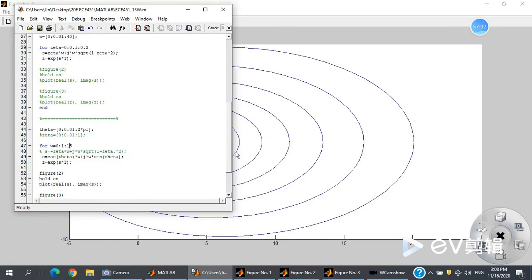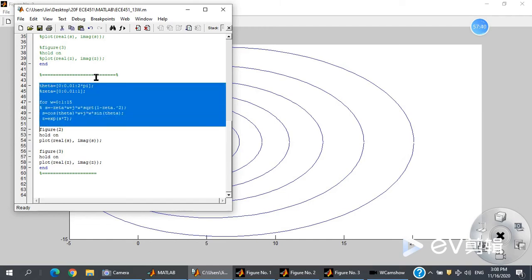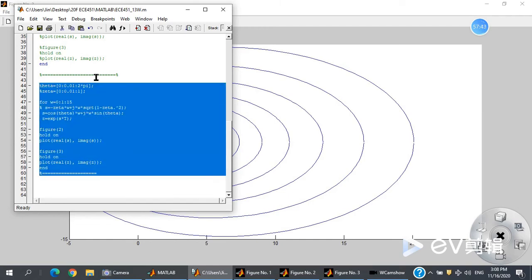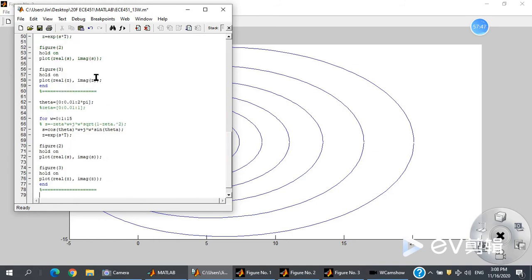Then if I merge the two together, how to merge these two together?